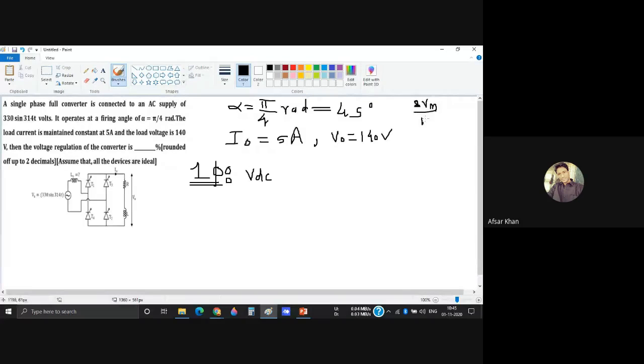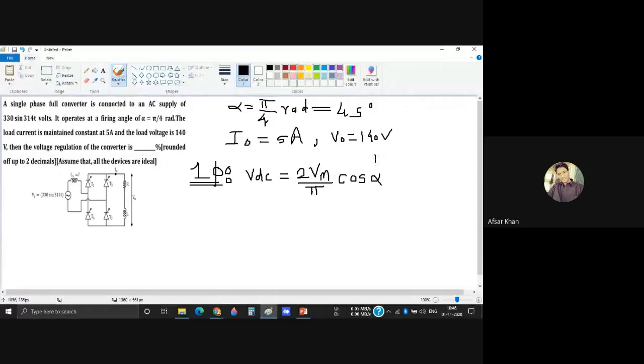But as this is a controlled rectifier, we have to control the output voltage, and the factor to control it is cos alpha. So the formula for the single phase full wave controlled rectifier is twice Vm by pi cos alpha.